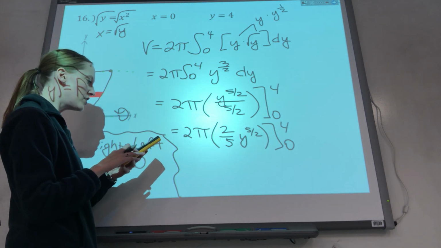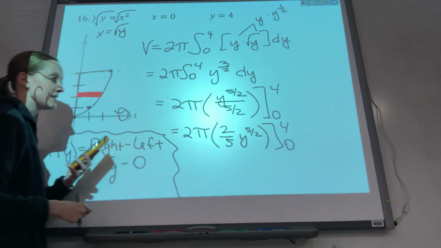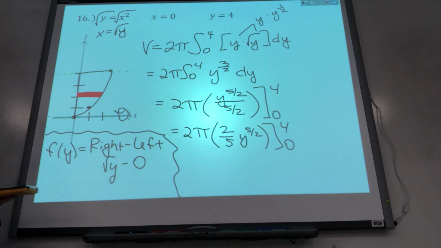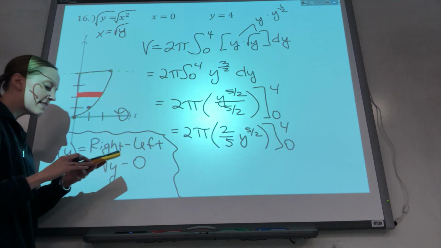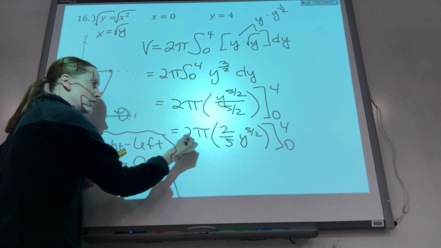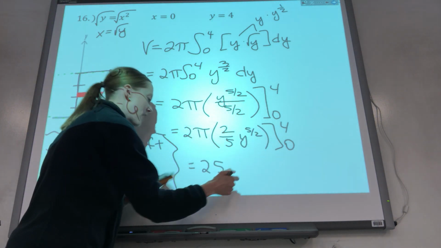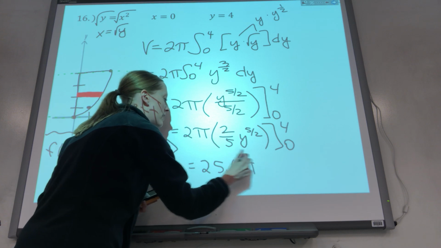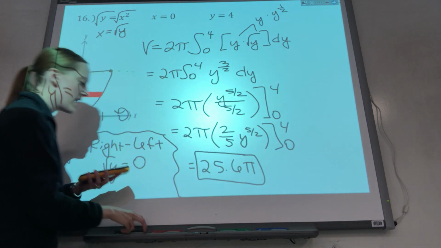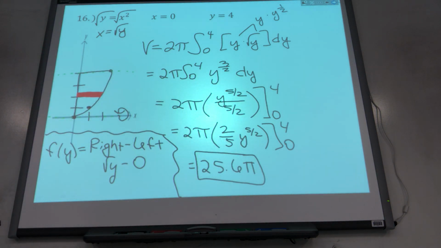And then 32 times 2/5 is 12.8. I'm also going to take that times 2 from the 2 pi. So finally, I don't have to worry about the 0. I'm going to just get 25.6 pi. That would be our volume.